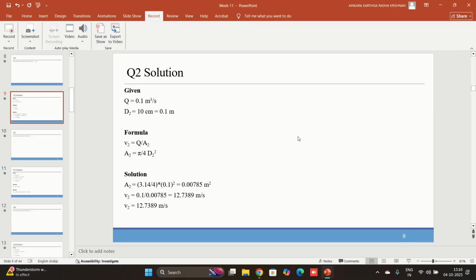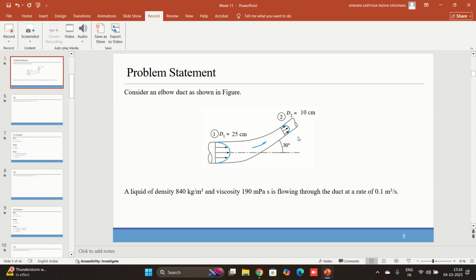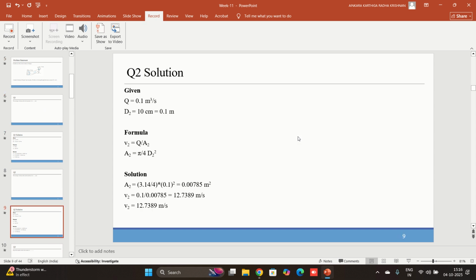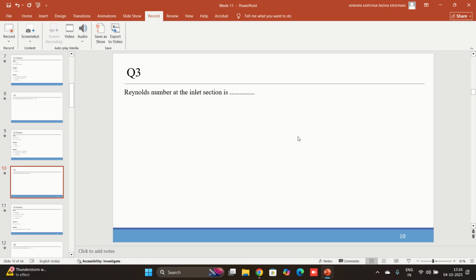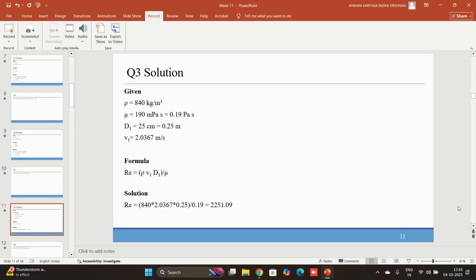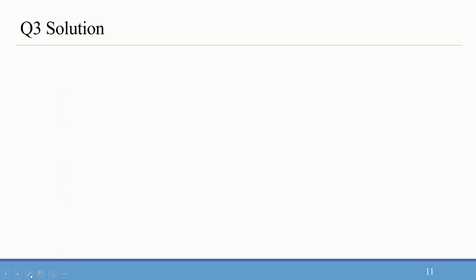I'll just check once what the density was. Yeah, 840 kg per meter cube, and mu is 190 millipascal second, or 0.19 pascal second, and d1 is 25 centimeter. In SI units it is 0.25 meters.